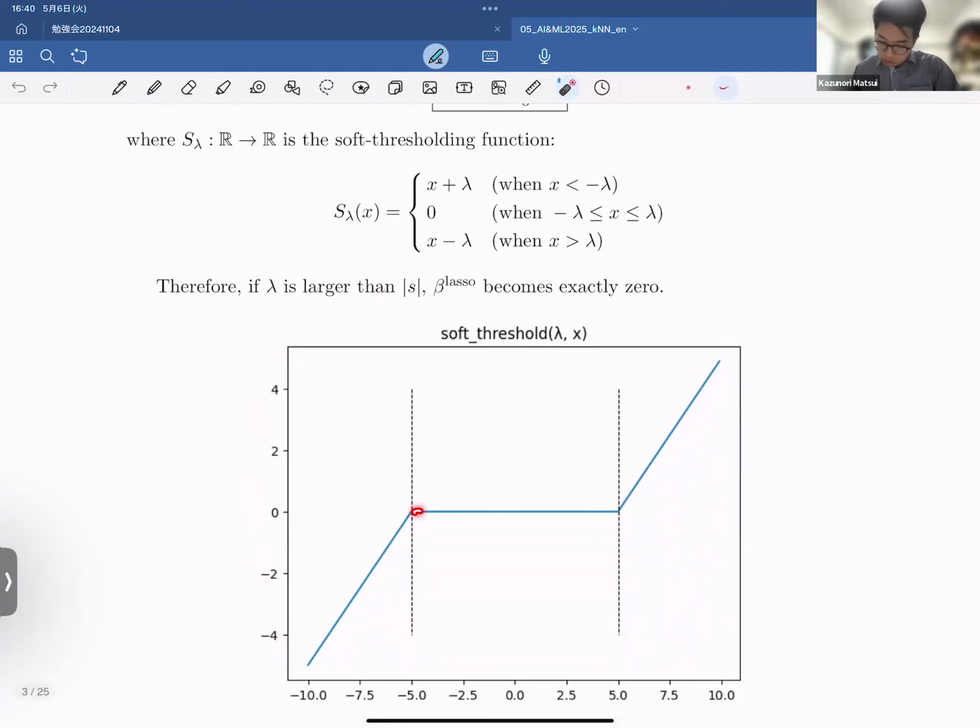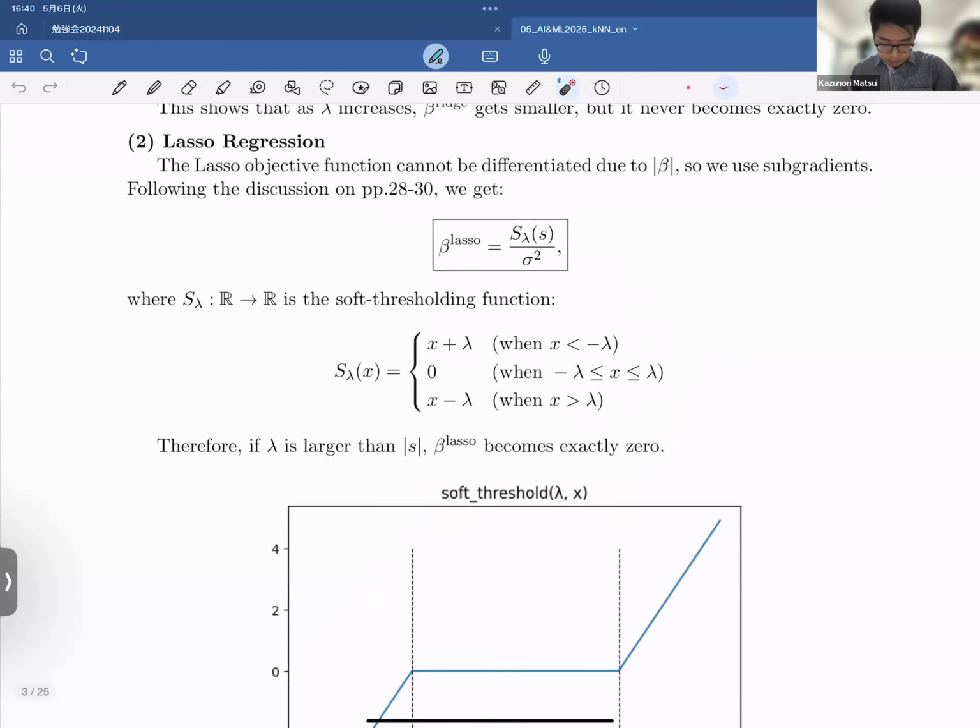This becomes exactly zero when the input falls between minus lambda and lambda, as shown in this figure.